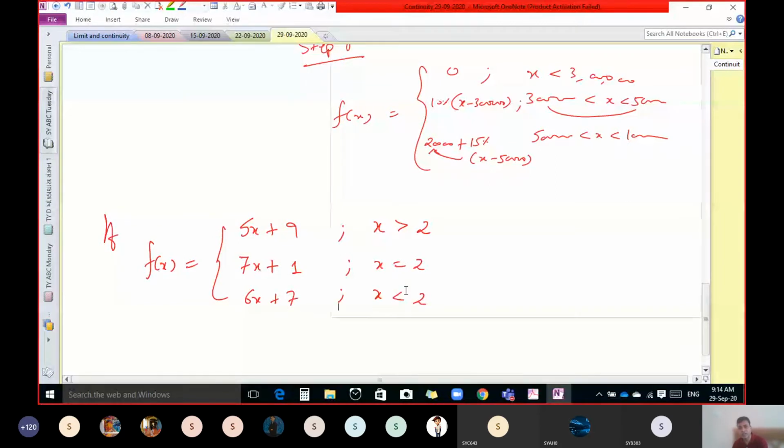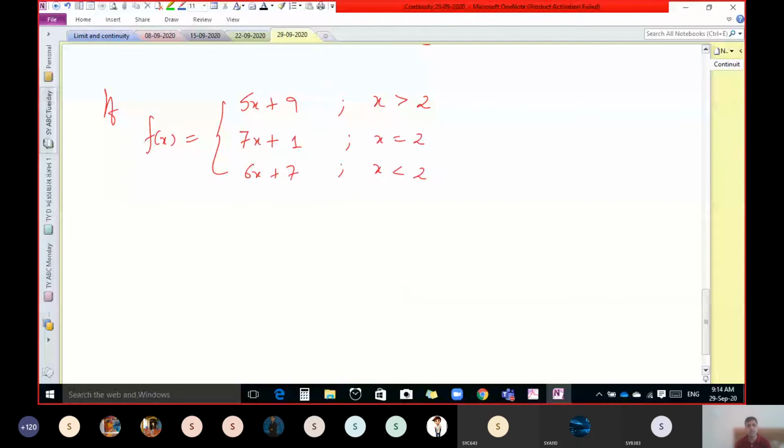If this is the step function, if f of x is this, then find the limit as x tends to 2 of f of x. This is the question.